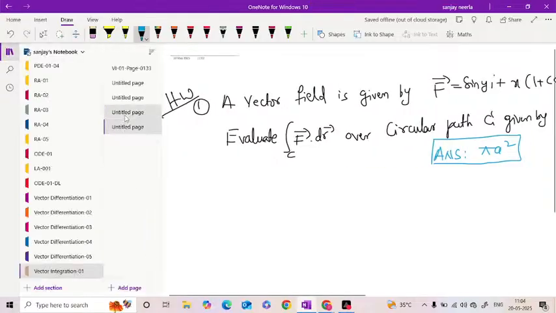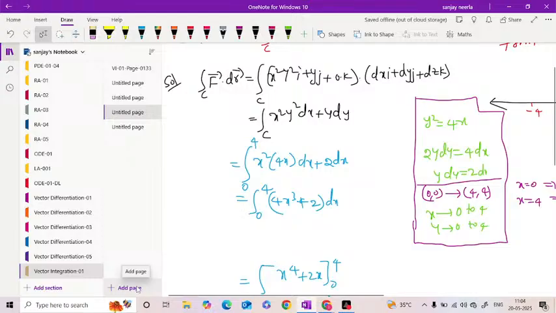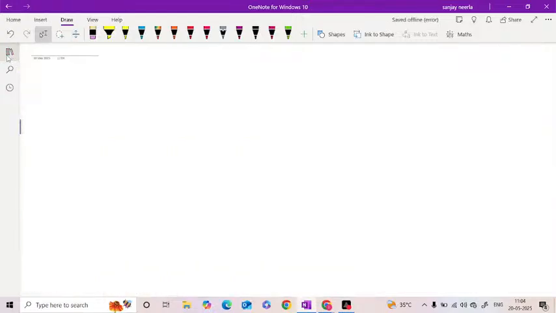So in these two problems, they have given the path as either a parabola or hyperbola, or maybe sometimes a circle or an ellipse, or they will give some other. Now we will see one more problem. Here the curve is a little bit different from the previous two problems. Now the third problem.